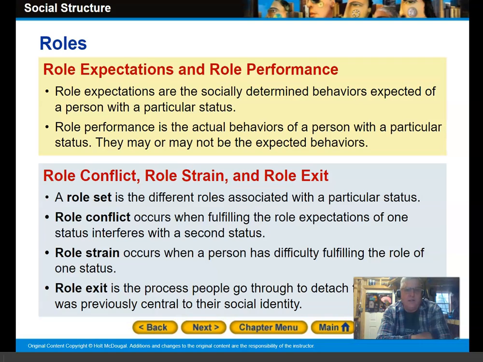A role conflict occurs when fulfilling the role expectations of one status interferes with a second status. Role strain occurs when a person has difficulty fulfilling the role of one's status, and role exit is the process people go through to detach from a role that was previously central to their social identity.